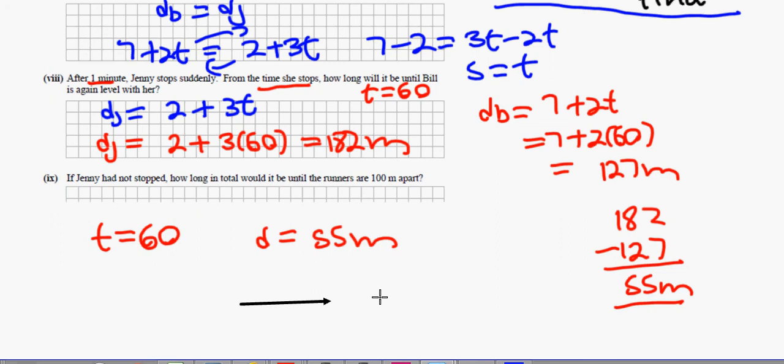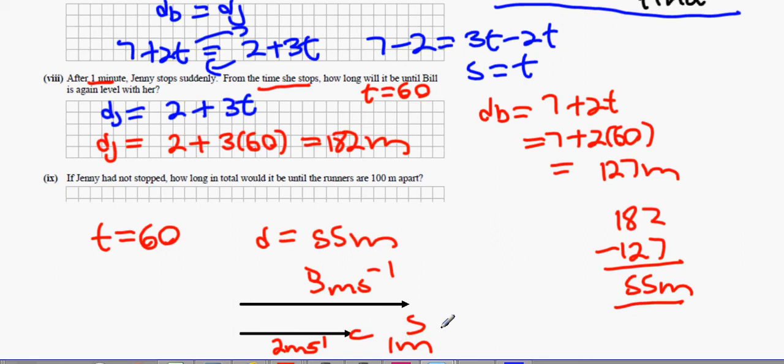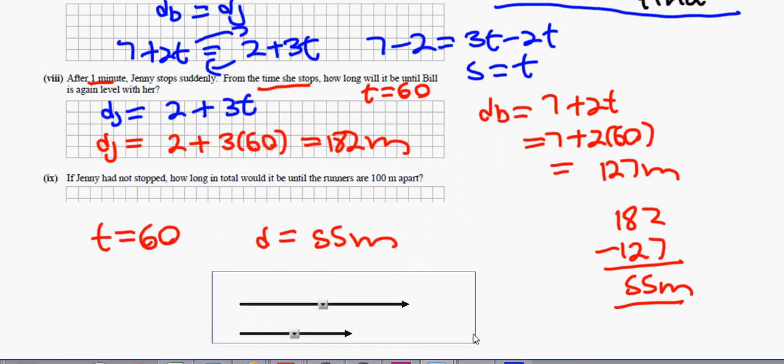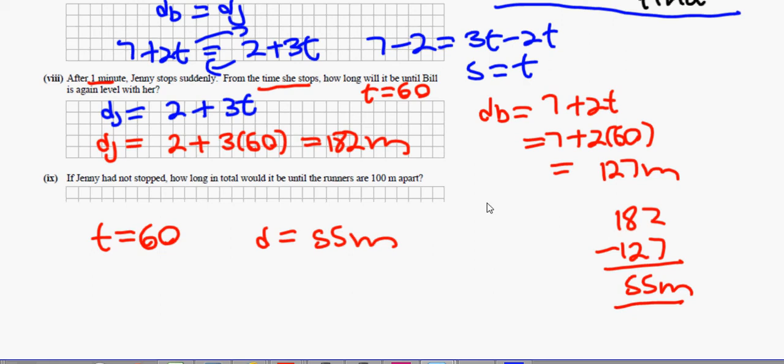Now, what's happening every second is Jenny is running 3 meters per second, while Bill is only running 2 meters per second. So every second that passes, Jenny is making up a meter. Basically 55 meters is 45 meters short of 100, so we need another 45 meters, since 100 minus 55 is 45.